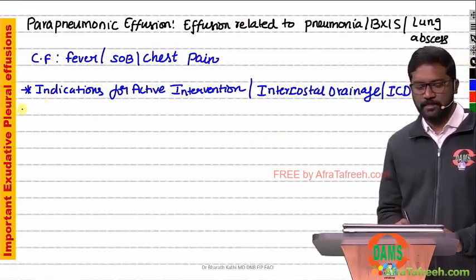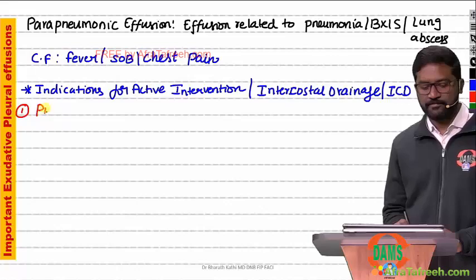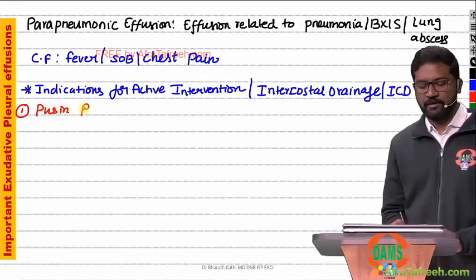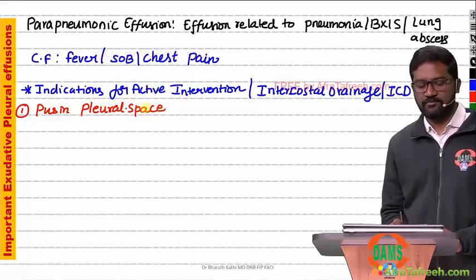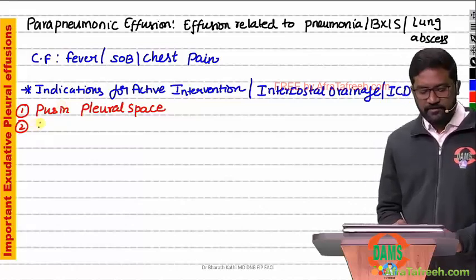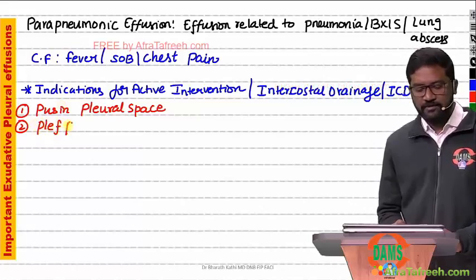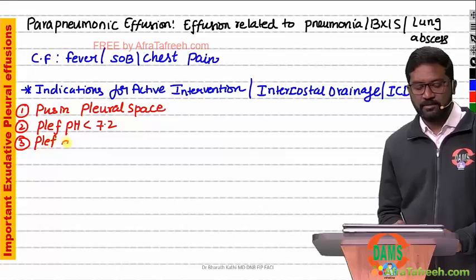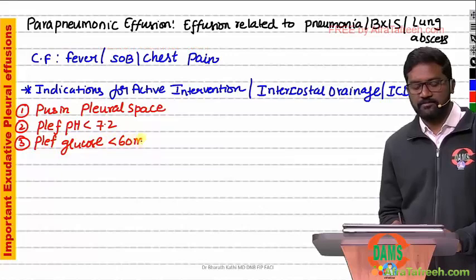So in which situations should you immediately put a tube and completely remove the fluid? Number 1, it is pus in pleural space. Pus is a huge source of infection. It has to be immediately removed. Then presence of pleural effusion pH less than 7.2, pleural effusion glucose less than 60 mg%, and loculated pleural effusion.